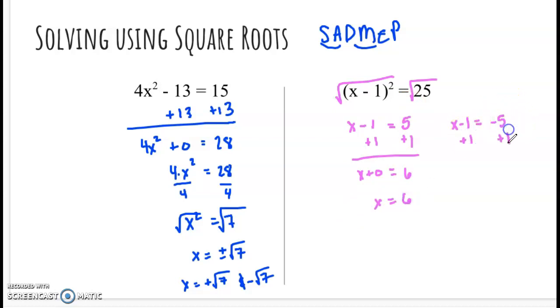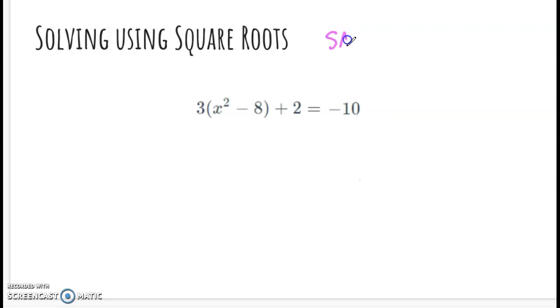I'm going to add 1 to both sides of my equal sign. -1 plus 1 is 0. -5 plus 1 is -4. x plus 0 is just x, so x equals -4. And of course, you can take both of those answers, go back to that original equation and plug them in to check your work.